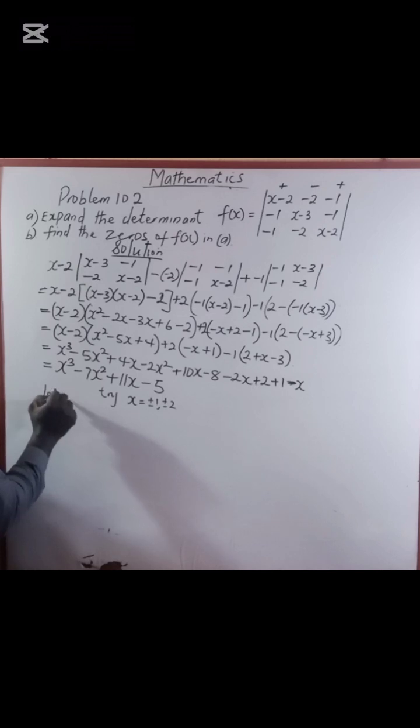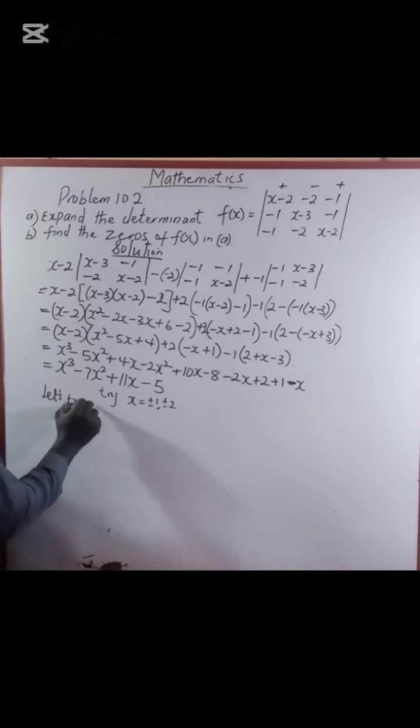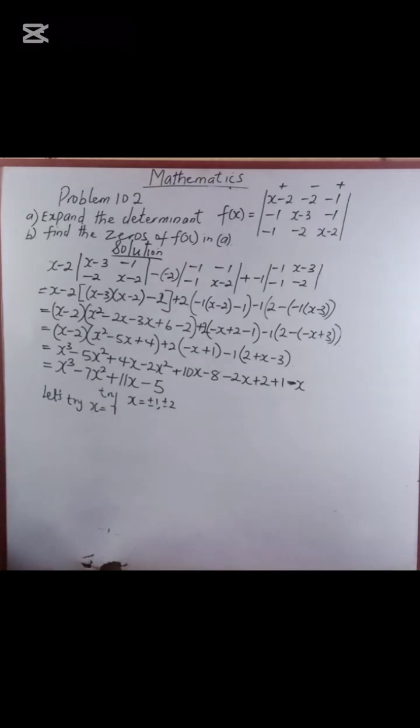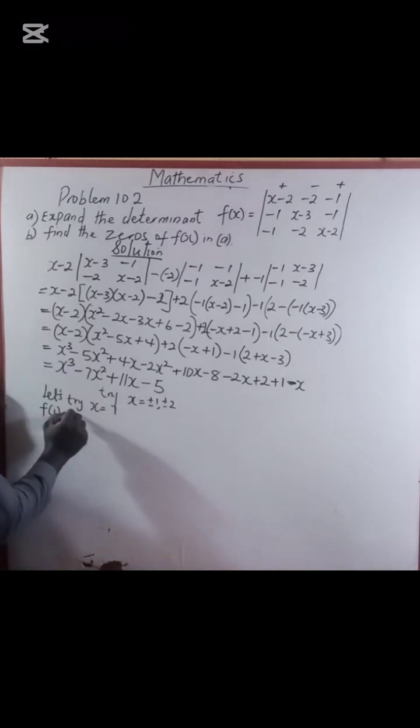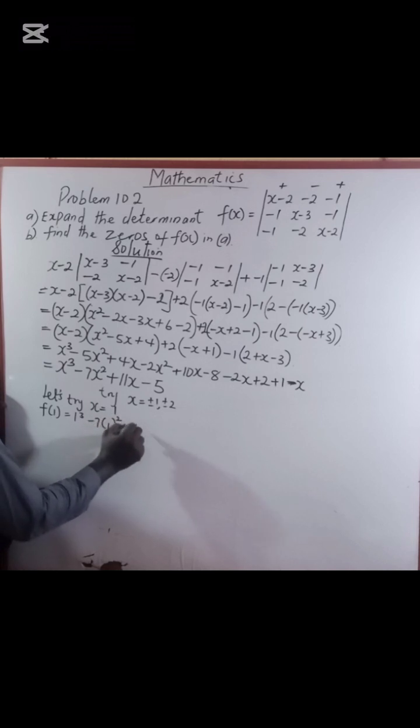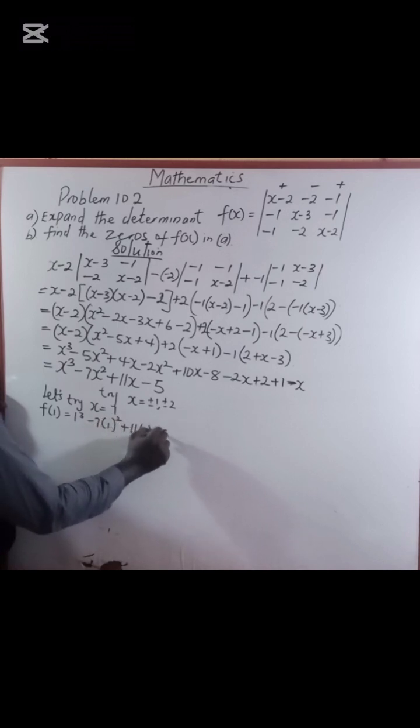Let's try x equal to 1. So f of 1 will be equal to 1 cube minus 7 into 1 square plus 11 into 1 minus 5.